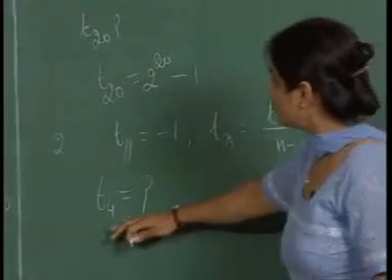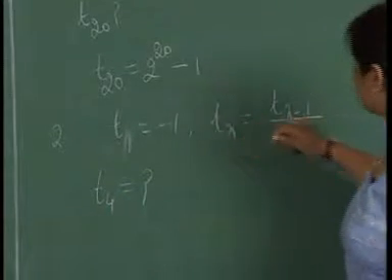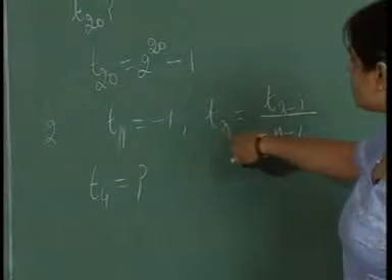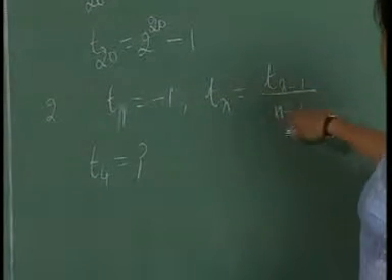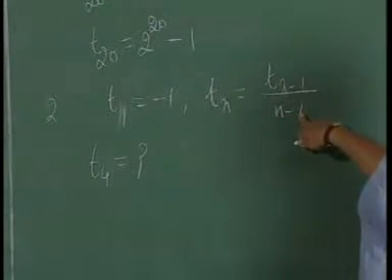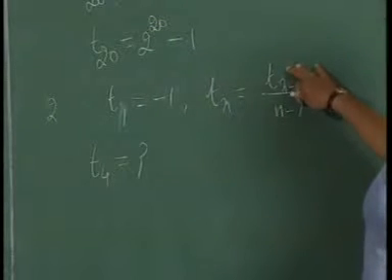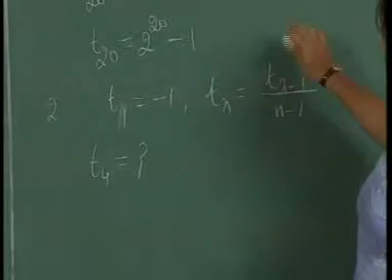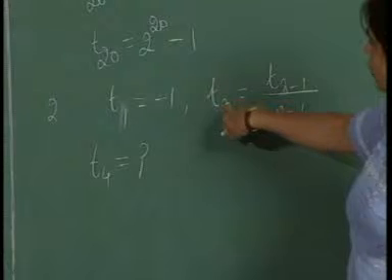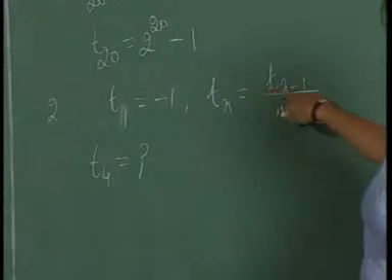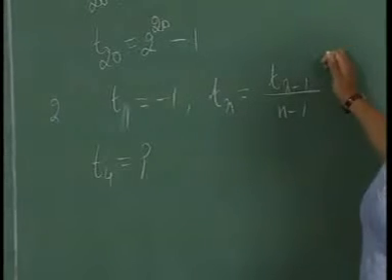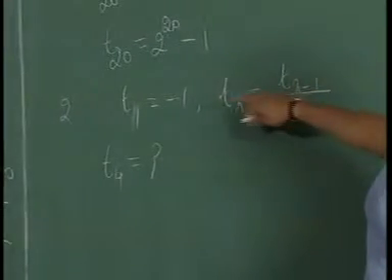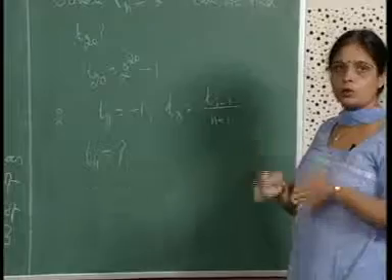T4 cannot be found directly from here, because if I put n is equal to 4, I will have T4 is equal to T3 divided by 3. So I need to have the value of T3. But how to calculate T3? When I put n is equal to 3, I will get T2 divided by 2. So I need to compute T2 for that. And for T2, I need the value of T1. So I'll have to go one by one.